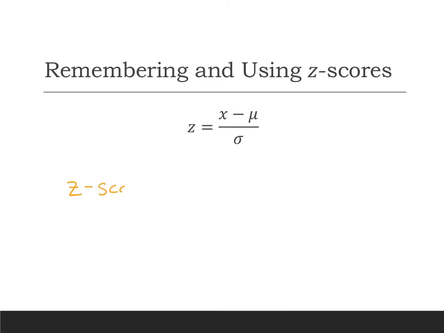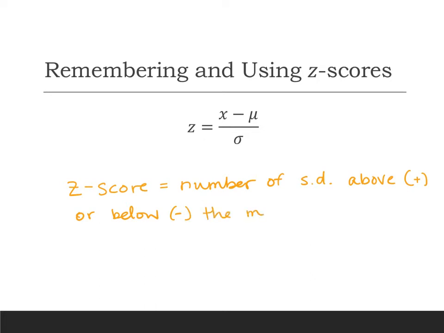So z-score is the number of standard deviations, I'm going to abbreviate SD, above if it's positive, or below if the z-score is negative, the mean.